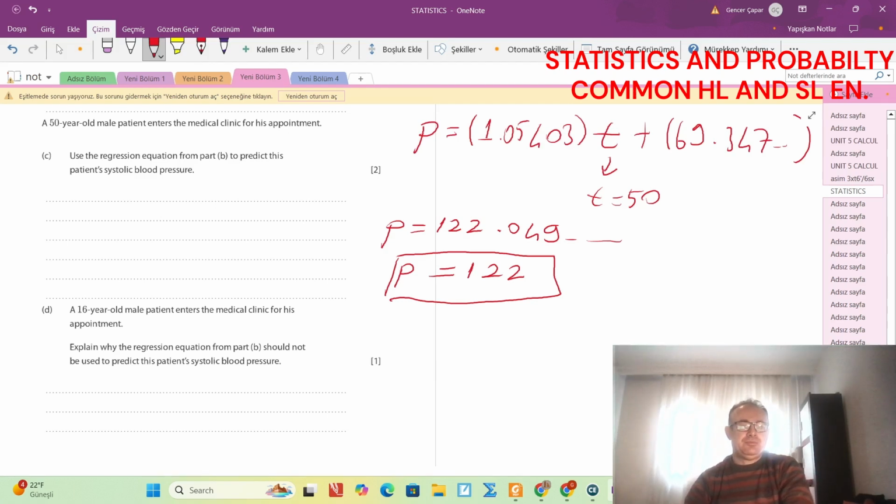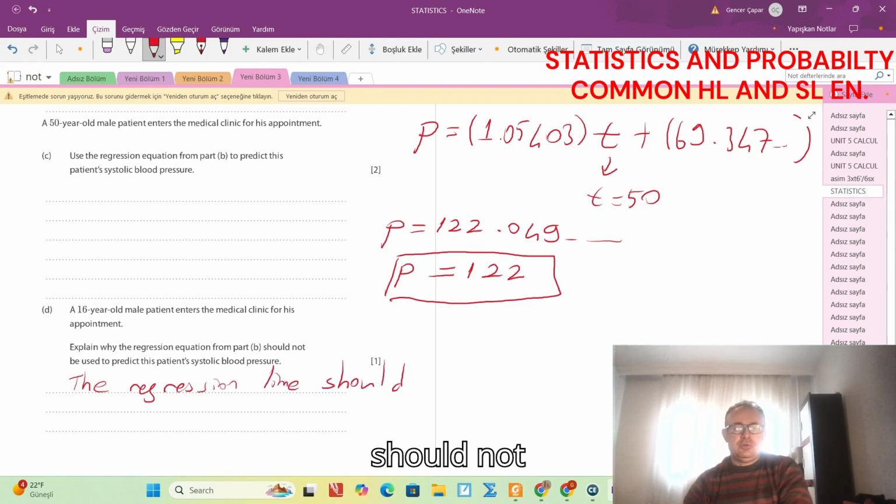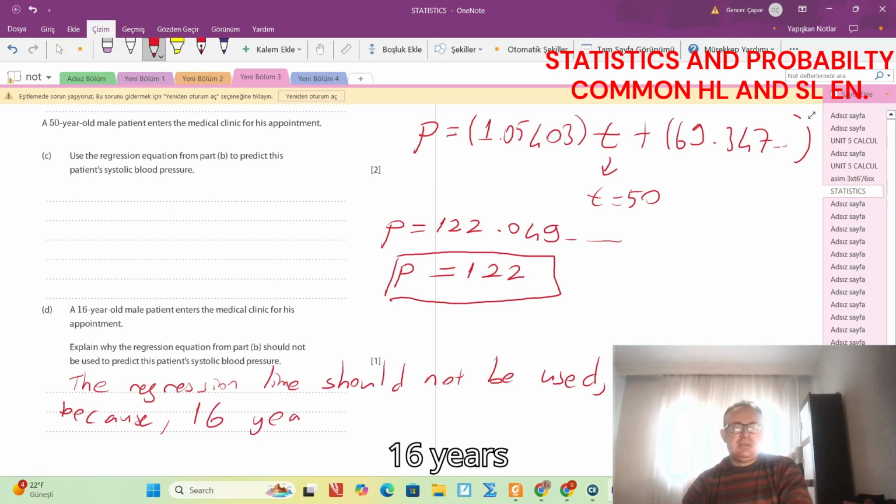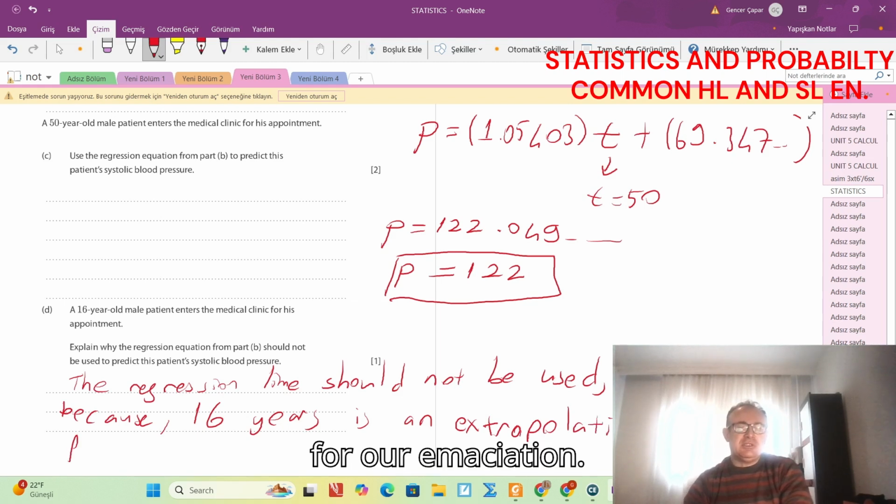Because the regression line should not be used because 16 years is an extrapolation for our investigation.